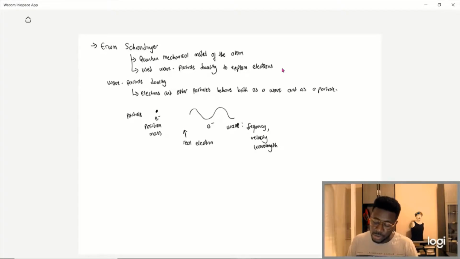You cannot say a wave has a position. It's not really possible for a wave to have a position. But as a particle, you can say a particle has a position. But because the real electron behaves both as a wave and as a particle, it cannot really have a fixed position. So, no fixed position.